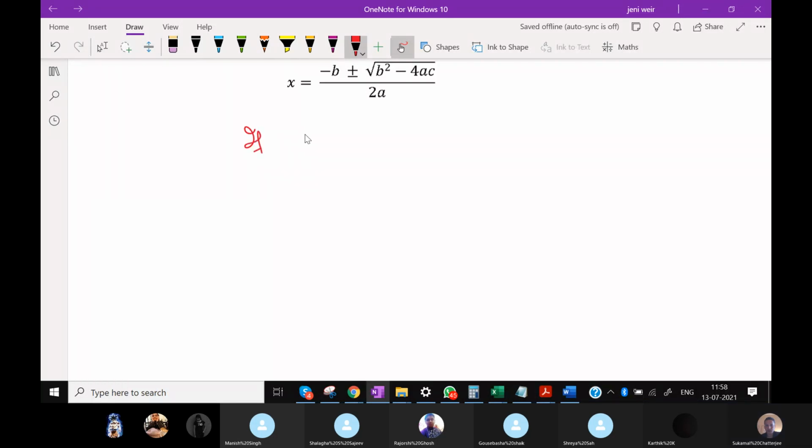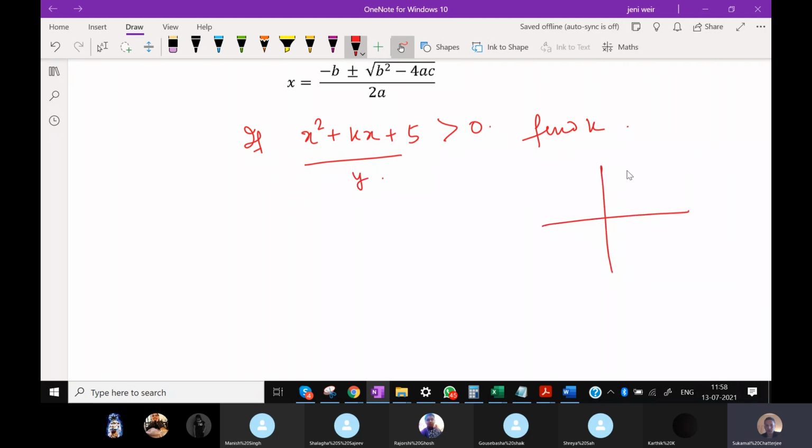If x square plus kx plus 5 is greater than 0, find k. So that means here the value of y is always greater than 0. That means y is lying fully above the x-axis.